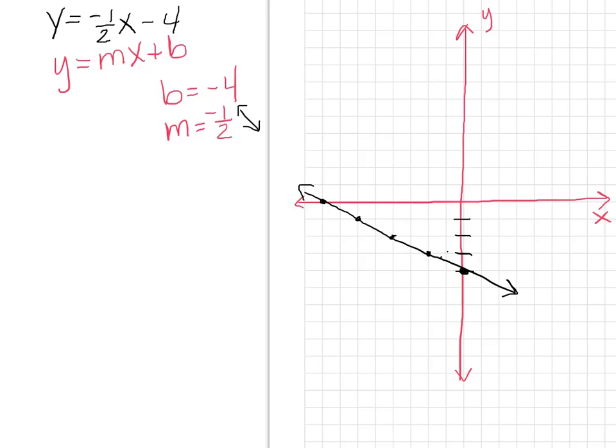Okay, now the next thing that they teach us in our chapter is that we have to be able to take an equation in slope-intercept form, and we have to be able to convert it to standard form.